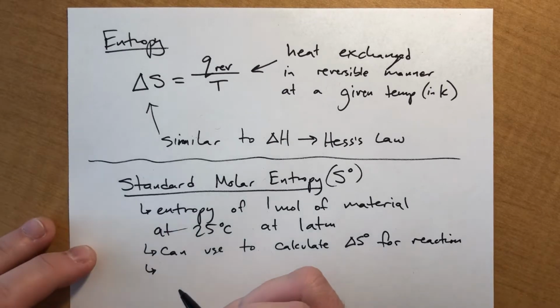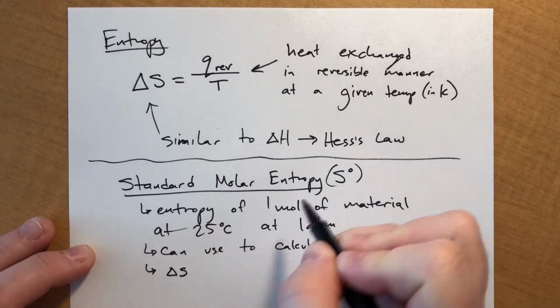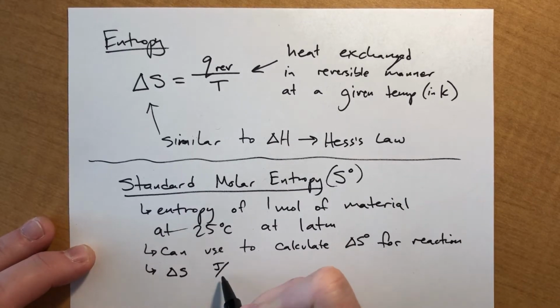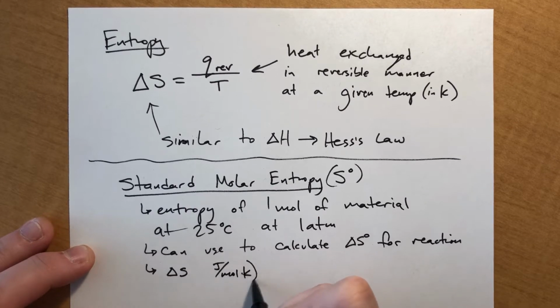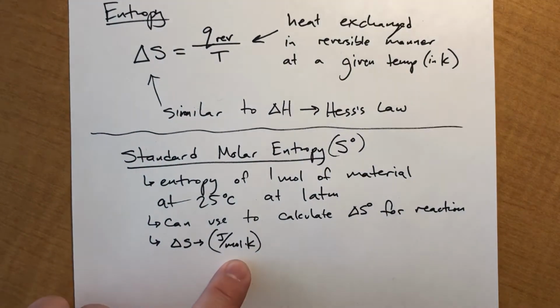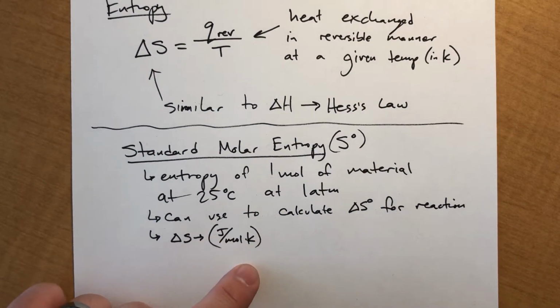Delta S, or S, is always joules per mole Kelvin. Okay, so the units are in joules per mole instead of kilojoules per mole. I'm not entirely sure why that is. Honestly, I think it would have made more sense to keep everything in kilojoules, but that's okay.